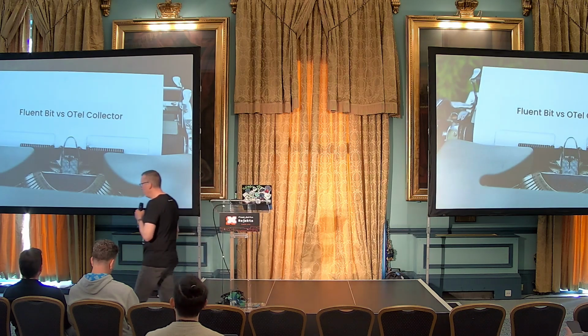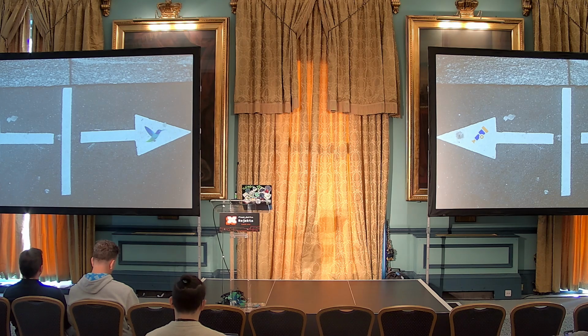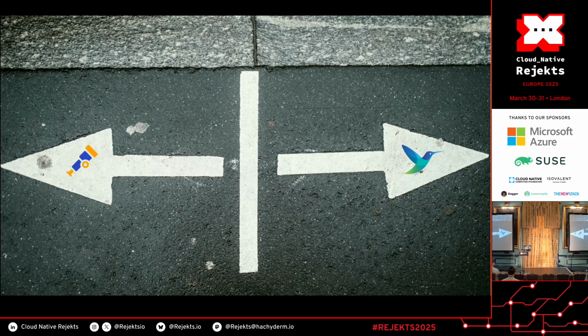First thing we're going to look at here is what's the difference. Understanding what FluentBit and OTel collectors are doing is out there at the front end collecting your telemetry data, right? And a lot of the conversations you might see, or when you start having discussions internally about this, might be we have to pick one or the other. I'm here to tell you that that's not really the case.